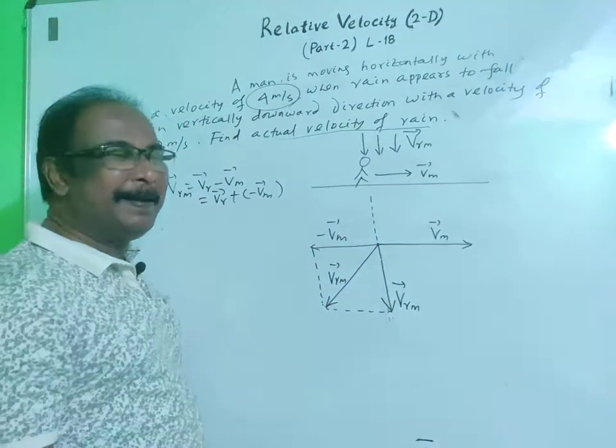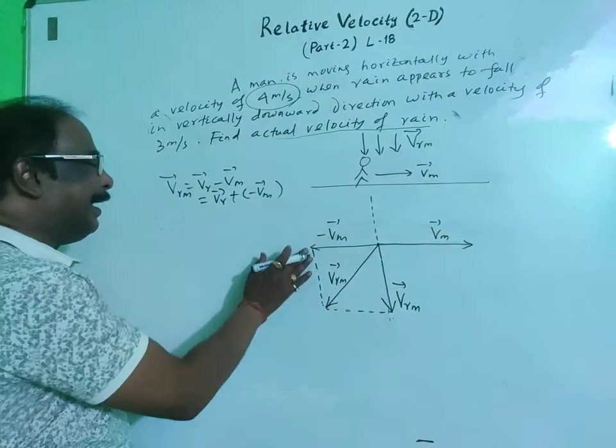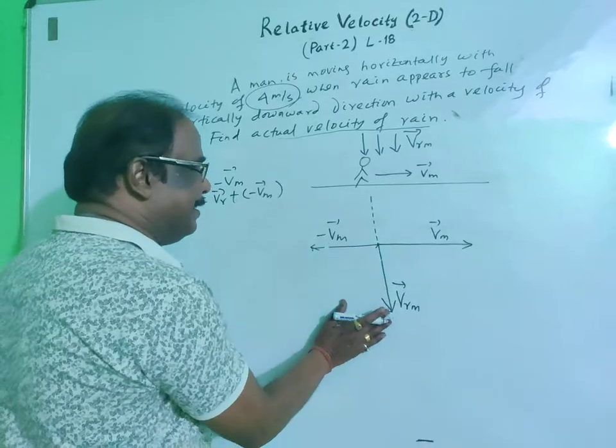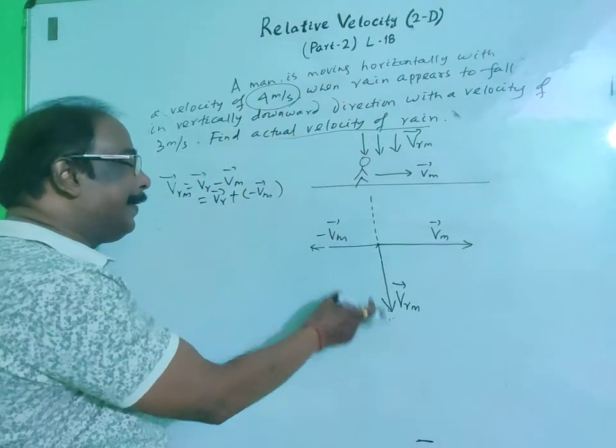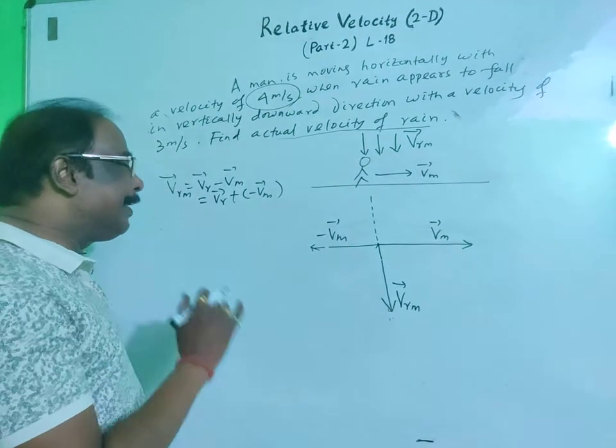Is it correct? No. This is wrong. Rain appears to fall in vertically downward direction. Then what is actual velocity of rain?